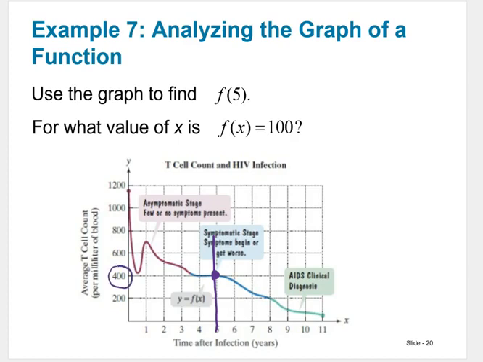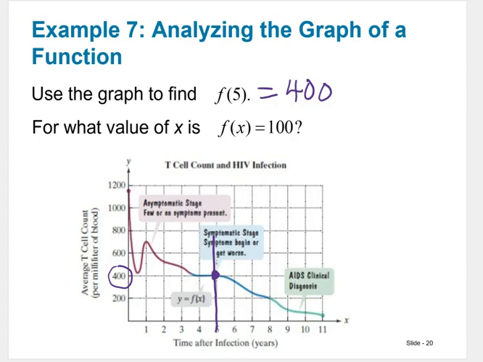So f(5) is 400. You don't really need to understand the axes for that to make sense. All it means is that 5 years after infection with the HIV virus, their average T cell count will be 400. That might not mean anything to you, but it might mean something to researchers.